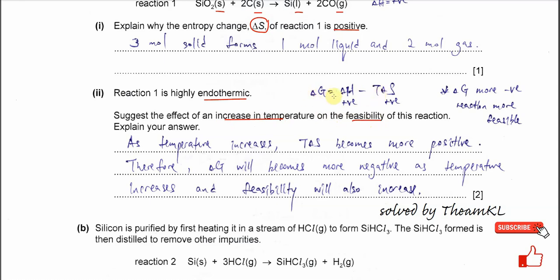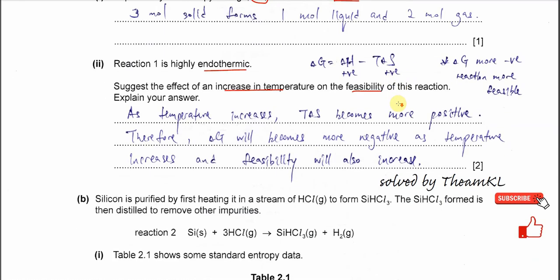So delta G equals delta H minus T delta S. From part 1, we know that delta S is positive, and part 2 already told you delta H is positive, as it is endothermic. Now, if both are positive, delta G depends on these two values.